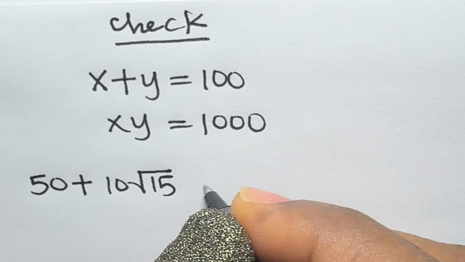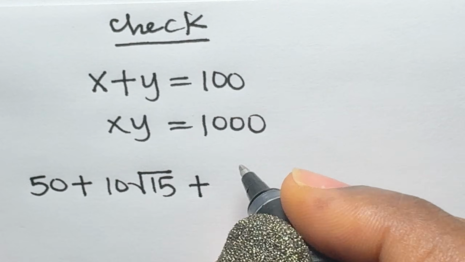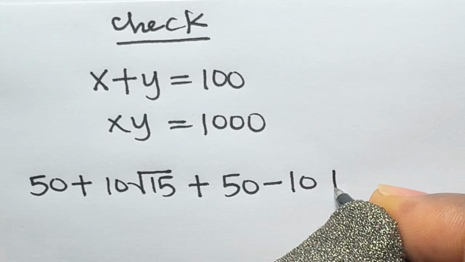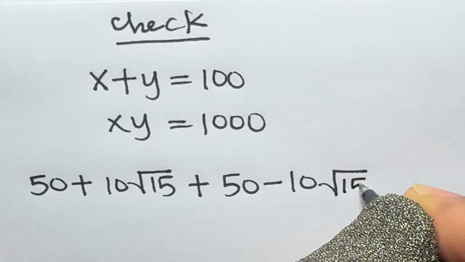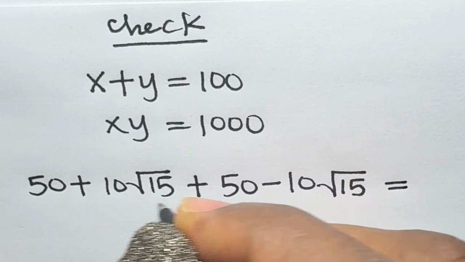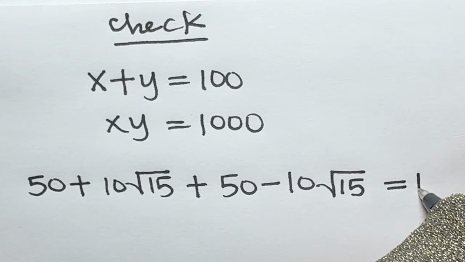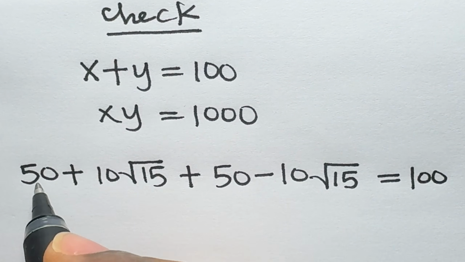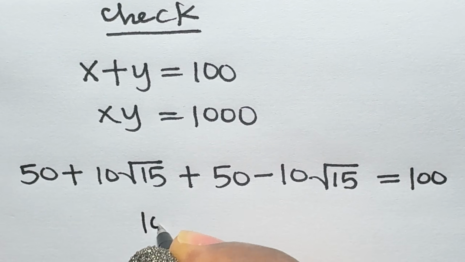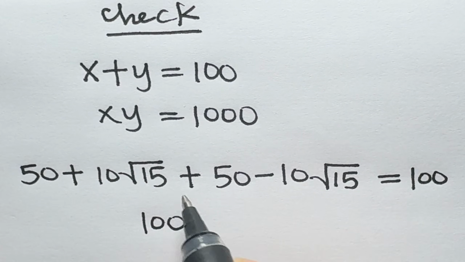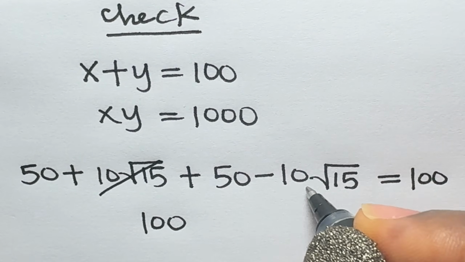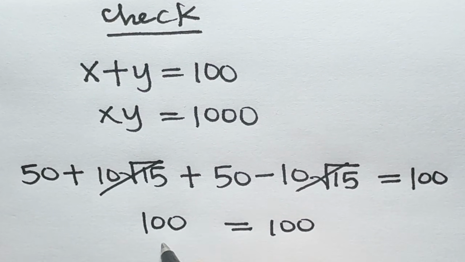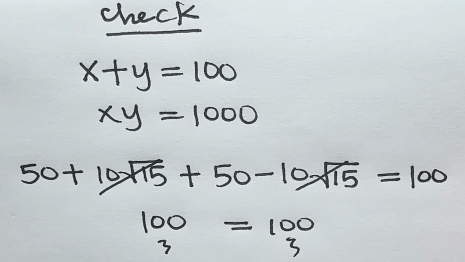That's for x. Then plus y, 50 minus 10 root 15. So for this to be correct, everything here must give us 100 on the right hand side. So 50 plus 50 is 100, plus 10 root 15 minus 10 root 15 cancels out. Then this gives us 100 is equal to 100. So the left hand side is equal to the right hand side.